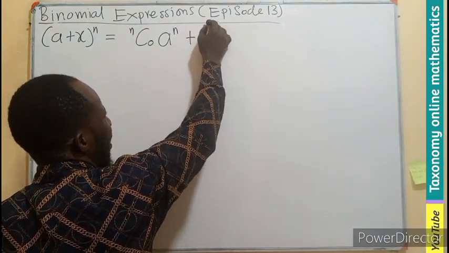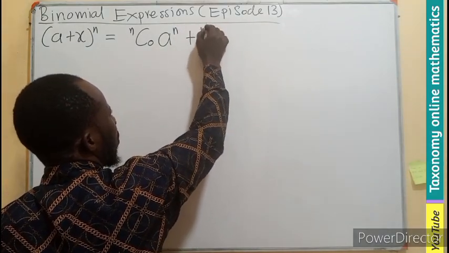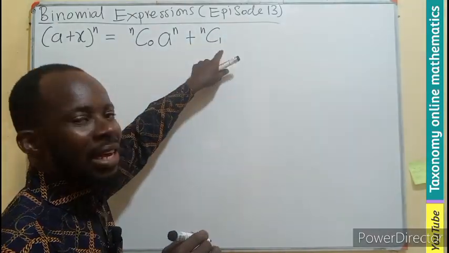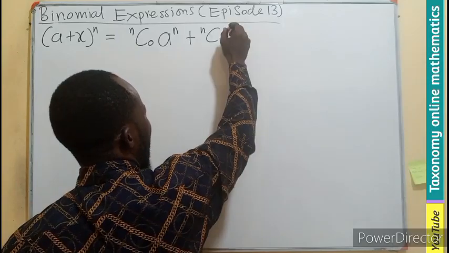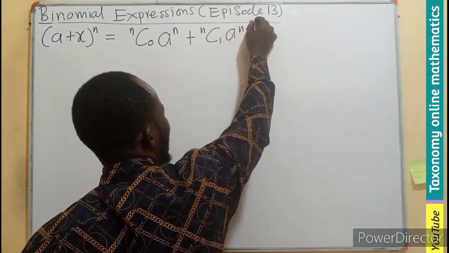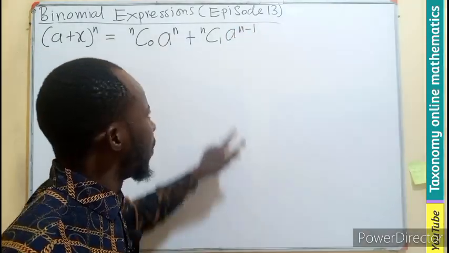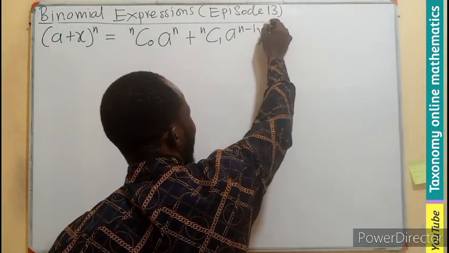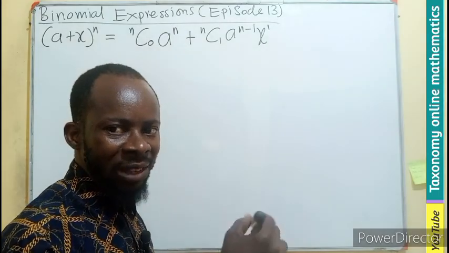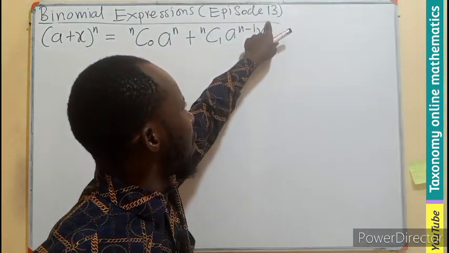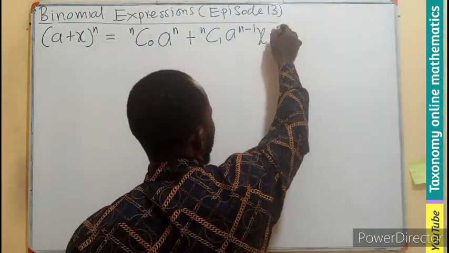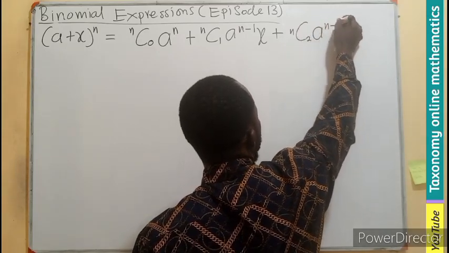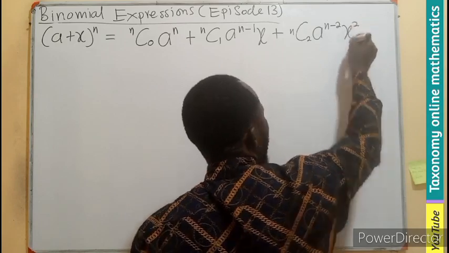Then we add nC1. From 0, we are increasing the subscripts. So this will become a^(n-1), which is evident in this one. That one is also evident in the second term, x exponent 1, with the 1 we don't write. So I have the next term, nC2 a^(n-2) x^2.